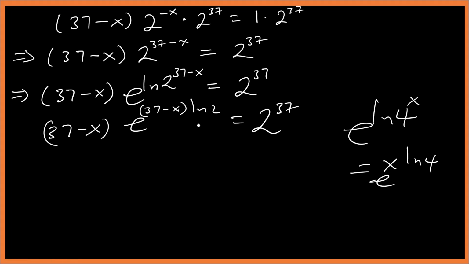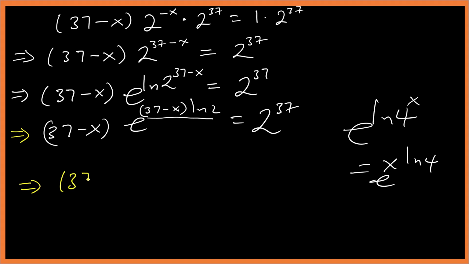All right, so let's be very careful here. Remember, box times e raised to box. So what is here must be equal to what is here. But let's observe this. We have 37 minus x ln of 2, and we have 37 minus x, so something is missing. So ln of 2 is missing here. So what we are going to do is to balance it by multiplying both sides by ln of 2.